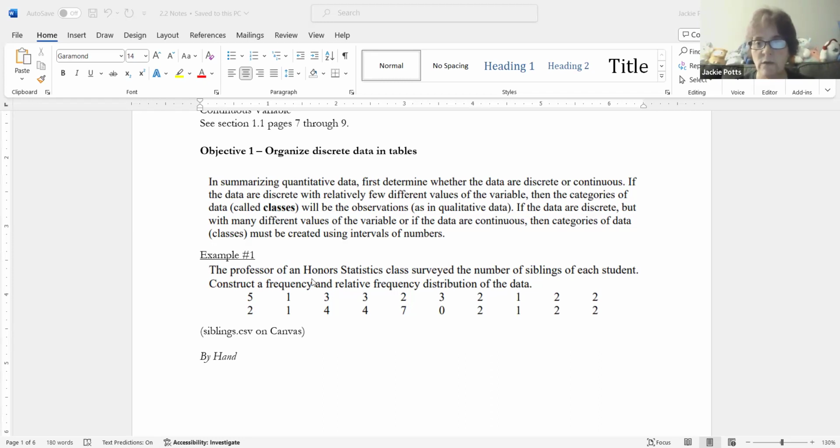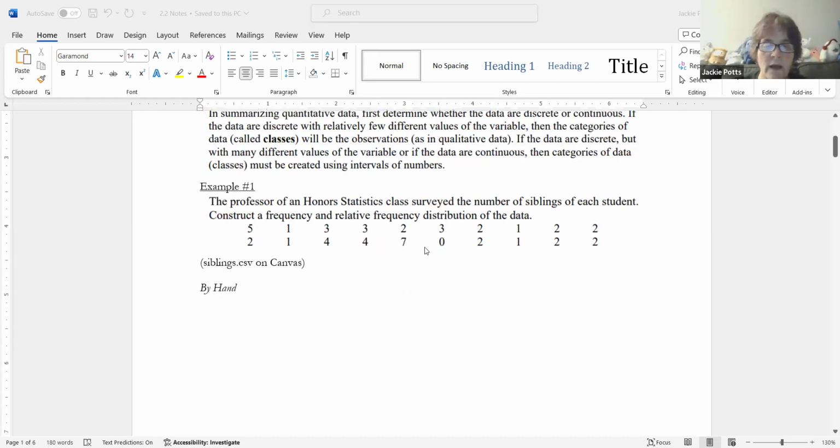Can you imagine how many little tick marks across the bottom if we had to include every fractional? No, it'd be insane, drawing all those different bars. But with discrete, sometimes we don't do that. We leave each class itself because in this case, how many bars would I have? Well, 0 to 7. That's not bad.